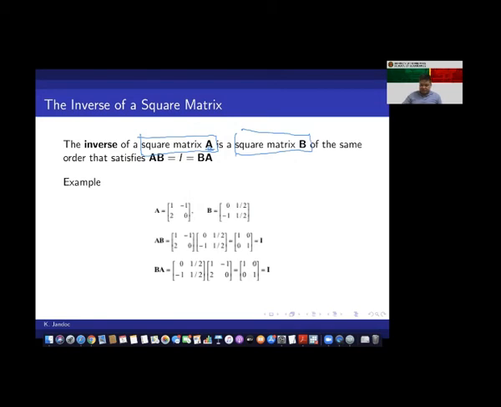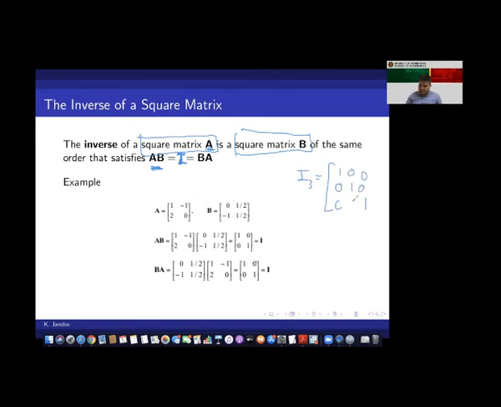Now, if the product of A and B is equal to, this should be bold I, the identity matrix. To recall, the identity matrix of order 3, for example, is just a matrix with 1 in the diagonal and 0 elsewhere.